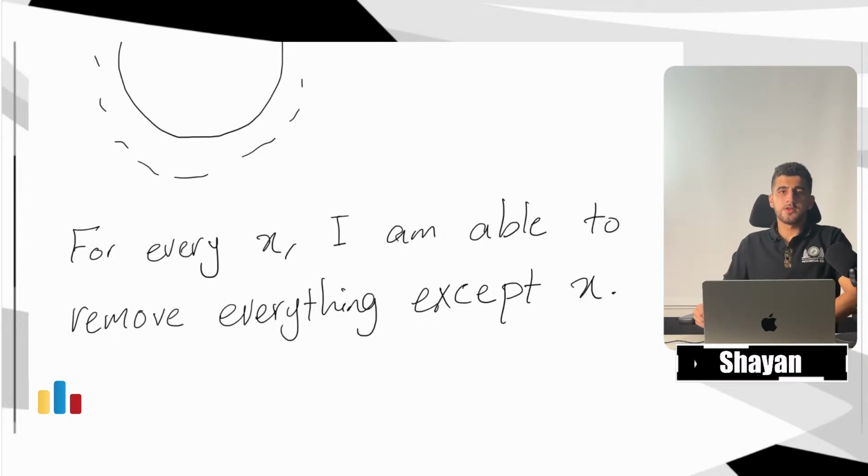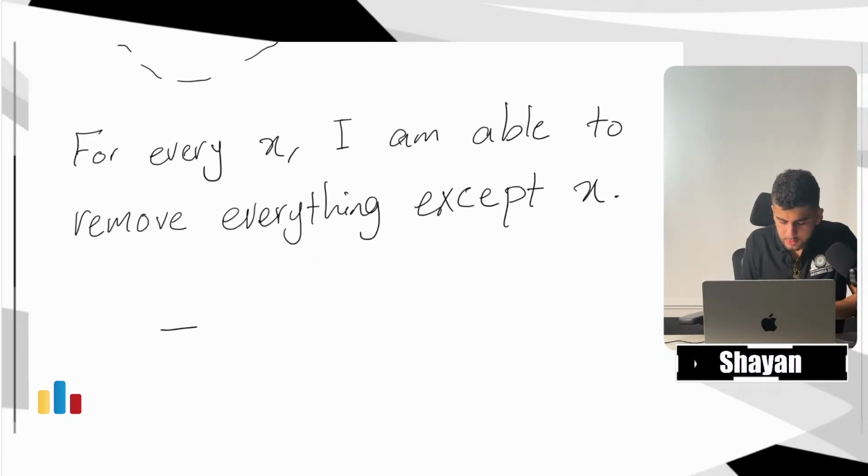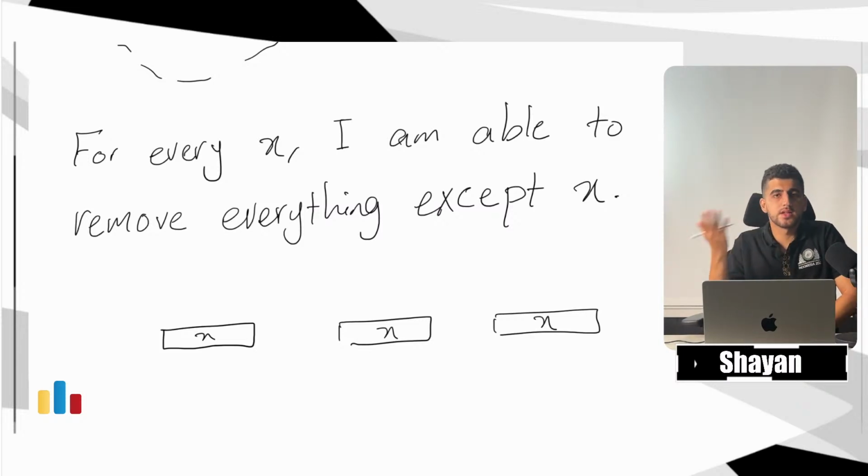Okay, so I want to prove this. For every x, if I only consider the occurrences of x, I can remove everything else other than these x's. How do I say that? I just say that, okay, assume that I have these blocks of x's. Well, I want to show that each time I am able to remove at least one element that is not x. If I show that, then everything is proved.